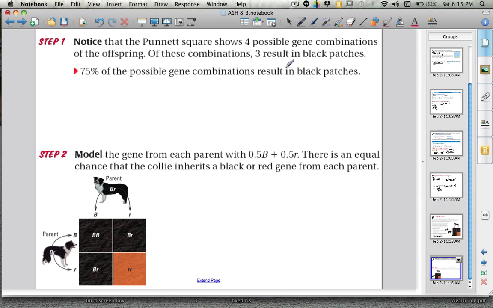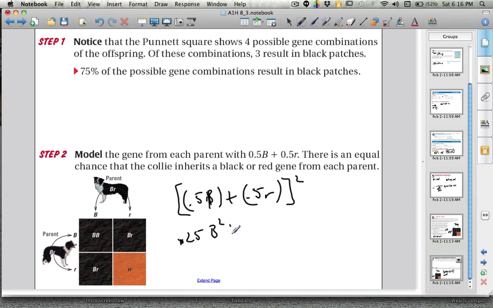If we model the gene from each parent with 0.5b plus 0.5r, meaning there's a 50% chance that they've got a b and a 50% chance that they've got an r, and we take that quantity and square it, I'll have 0.25b squared.